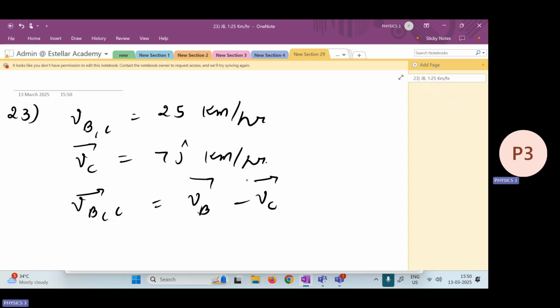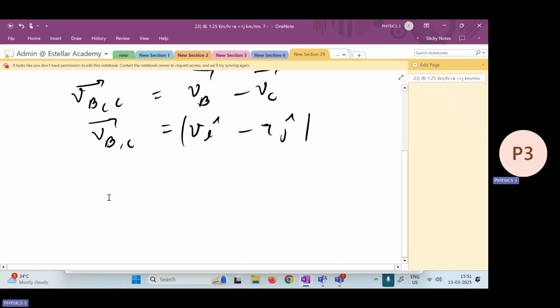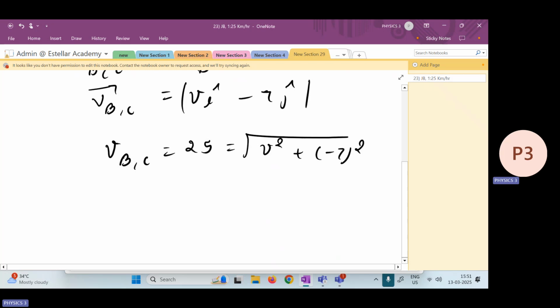Now we have been given that the bus actually travels in the east direction. So let's suppose it is V i cap minus 7 j cap, it is V_BC. So we have only been given its magnitude. So if we find out its magnitude, then V_BC, which is 25, is under root V square plus (-7) whole square, right?